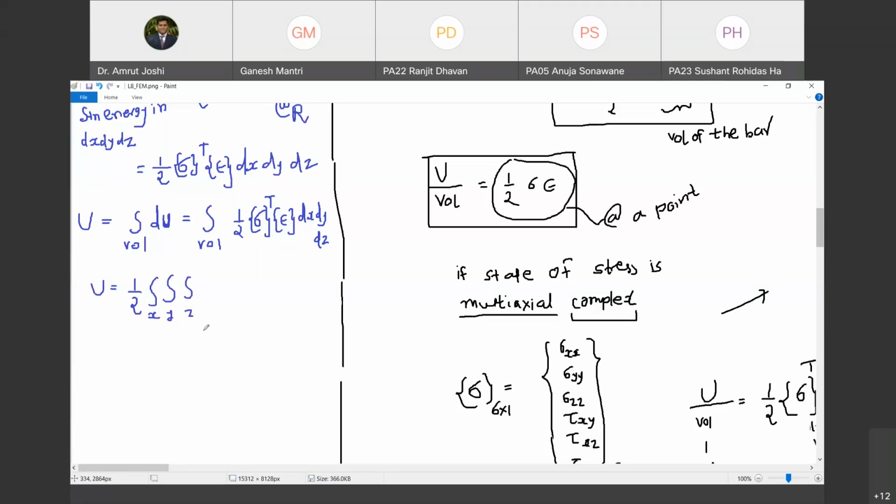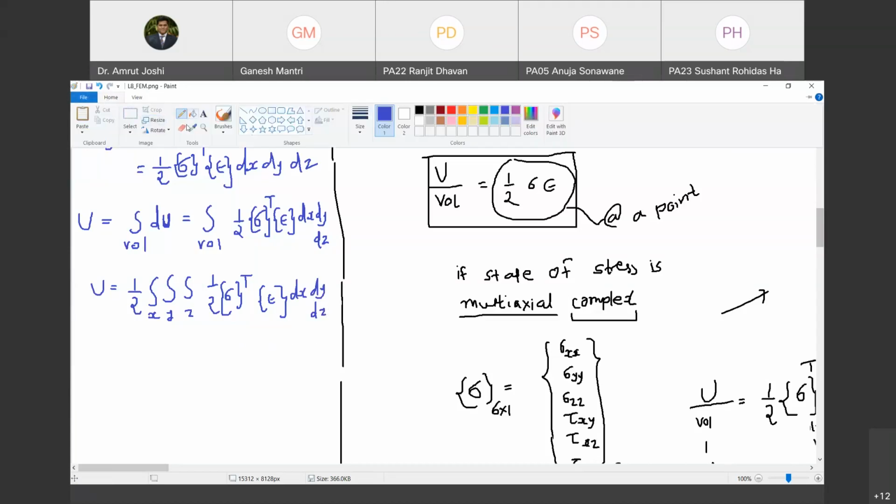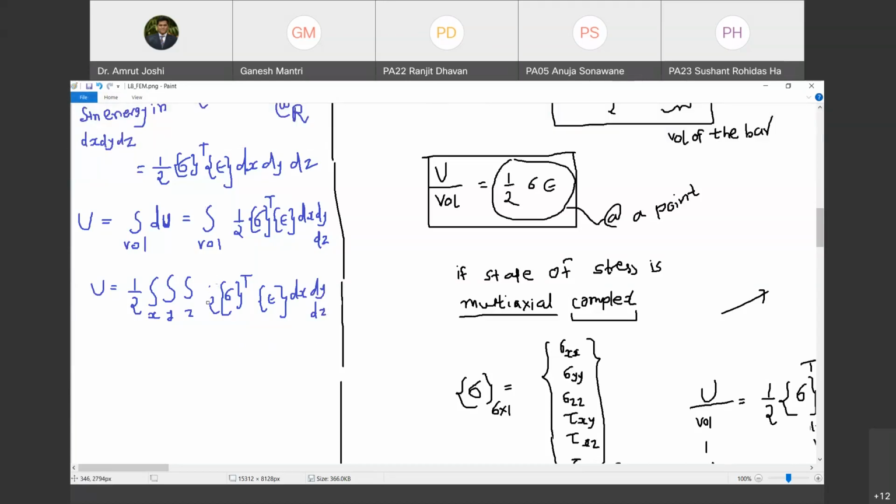The limits of x, y, and z are within the boundary of the body. Are you with me? Yes, sir. And this is equal to half stress transpose multiplied by strain multiplied by dx, dy, dz. Happy? So we have taken half outside, so half is not required here. You're right. Right? Yes, sir.